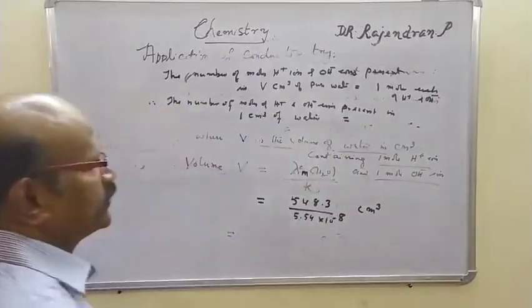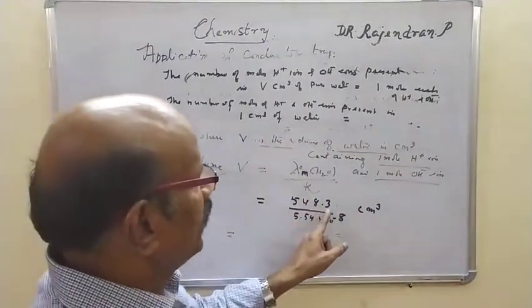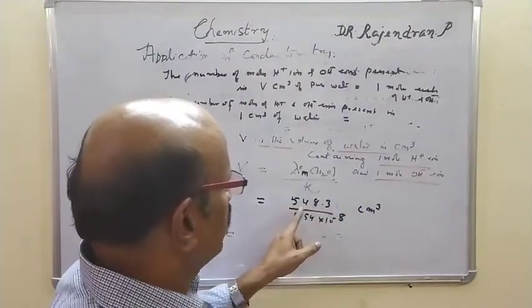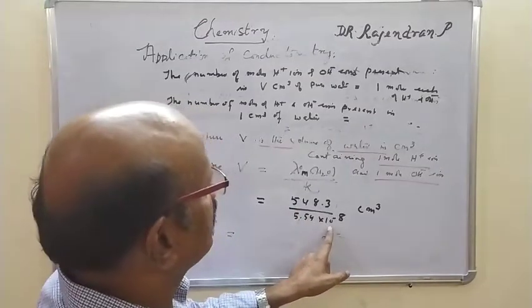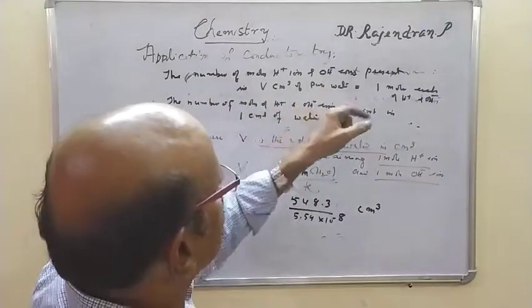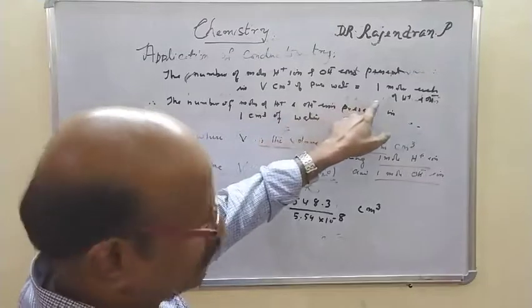equal to what? You know that the volume of water containing 1 mole of H plus ion and 1 mole of OH minus ion is 548.3 divided by 5.54 into 10 to minus 8. This is the volume V. The number of moles of H plus ion present in V centimeter cube of water is 1 mole each.